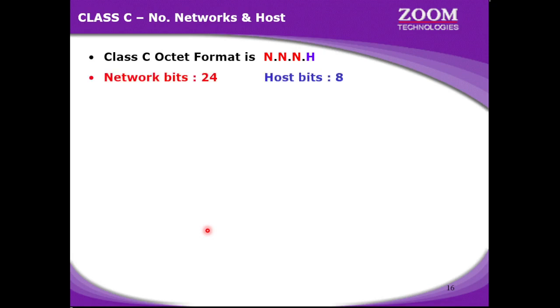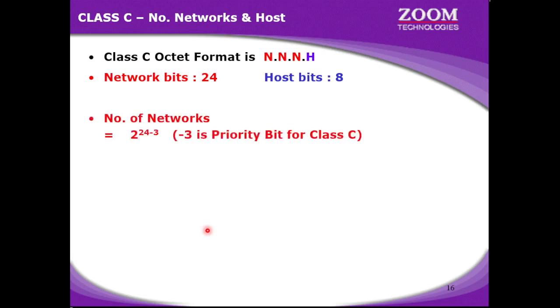For class C naman, yung dami ng networks na meron tayo or the format is network.network.network.host. So therefore, meron tayong 24 bits or network bits at meron tayong 8 host bits. So, yung dami ng network natin, 2 raised to 24 minus 3 dahil 110 na yung ating priority bit. So, 2 raised to 21, that is around 2,097,152 networks for class C alone.